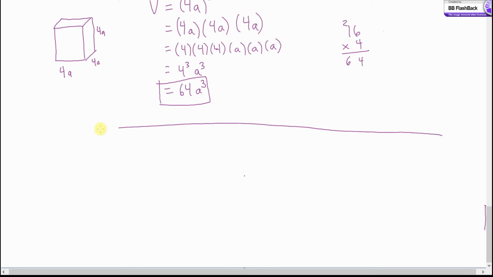And also, here's a little shortcut for you. If you have a two-dimensional shape, if you have a square and its area is x squared, then its side length is x. So it's the square root. So the side length is the square root of the area.